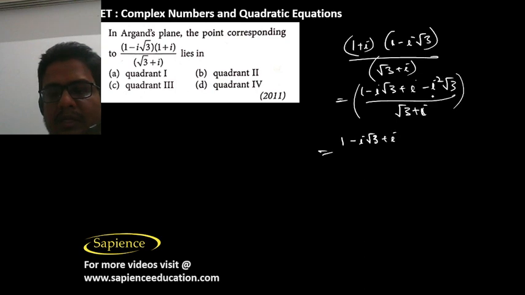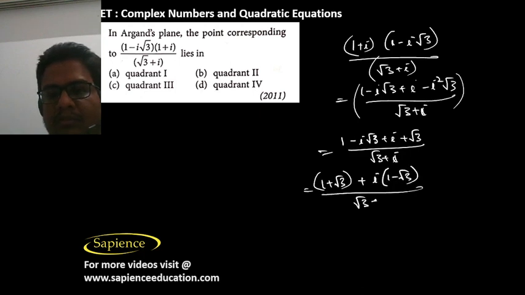This is minus of minus 1, that is plus, so plus root 3, divided by root 3 plus i. So this we can write as (1 plus root 3) plus i into (1 minus root 3) divided by root 3 plus i.